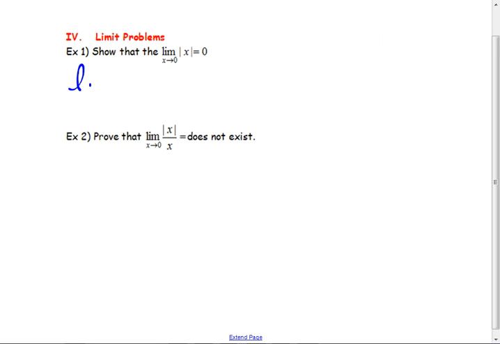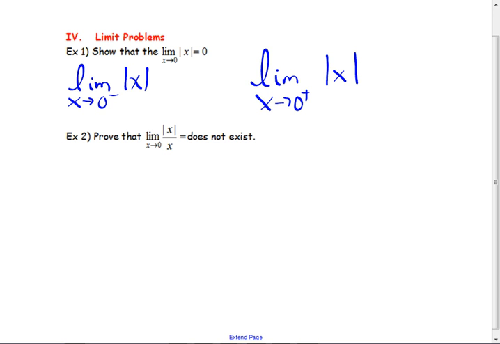You'd have to take the limit as x approaches 0 from the left of the absolute value of x. You have to find the limit as x approaches 0 from the right of the absolute value of x. So you actually have to put some values in to see what happens. Or we could simplify it because I know what absolute value of x is. Let me graph it.